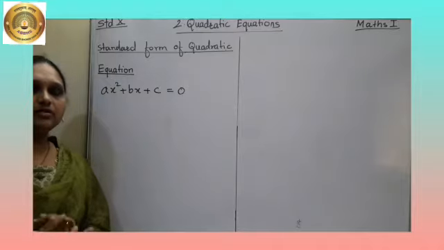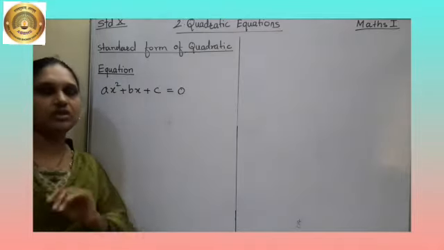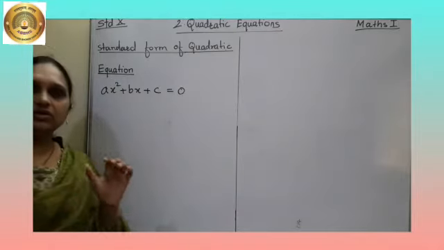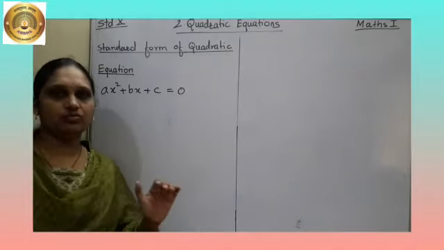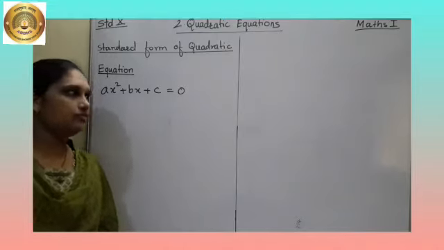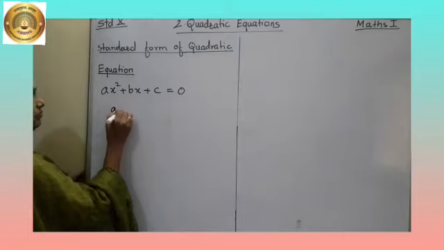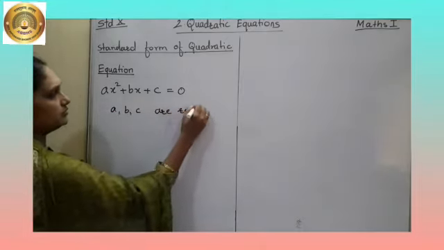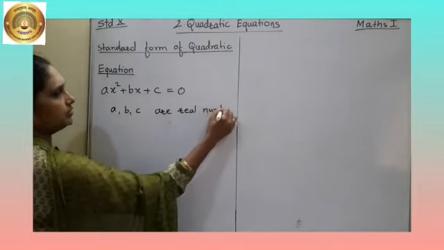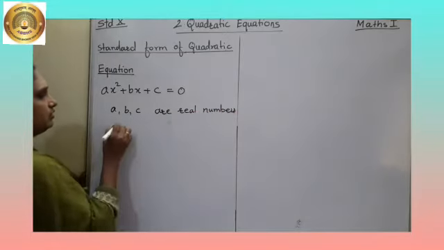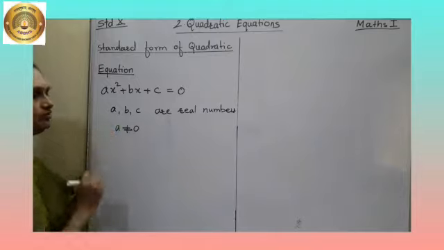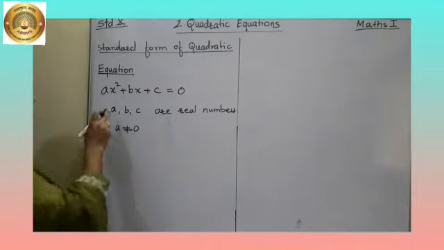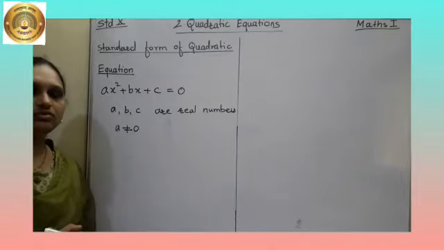If we write a quadratic equation in this form, that is the standard form of a quadratic equation, where a, b, c are real numbers. And the first term, that is a, should not be equal to 0.